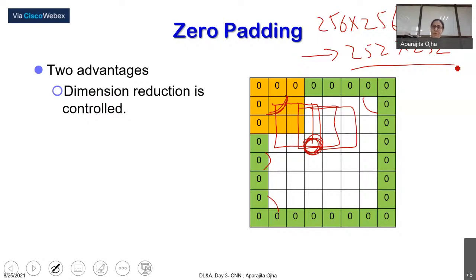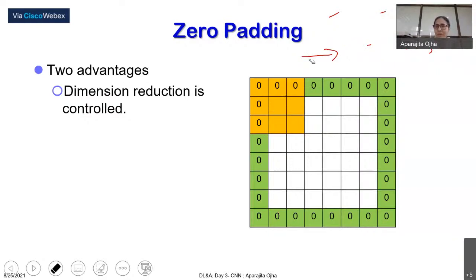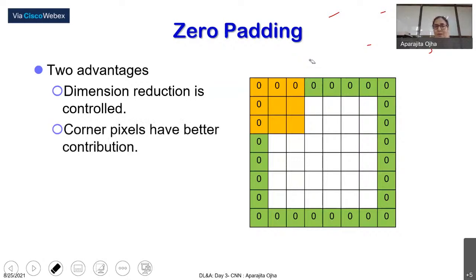And in order to overcome this problem, or to control the problem of dimension reduction, what people have proposed is to apply zero padding. So the image is here, which is shown here, but now I pad each edge of the image with 0.